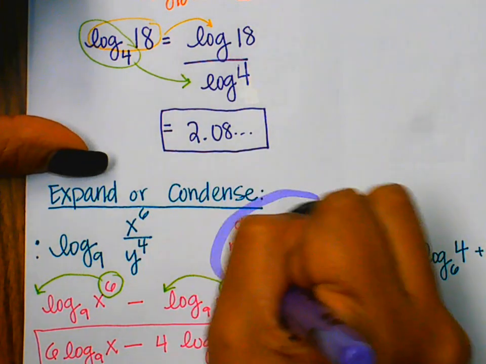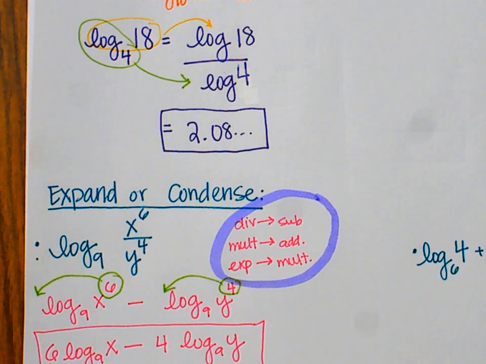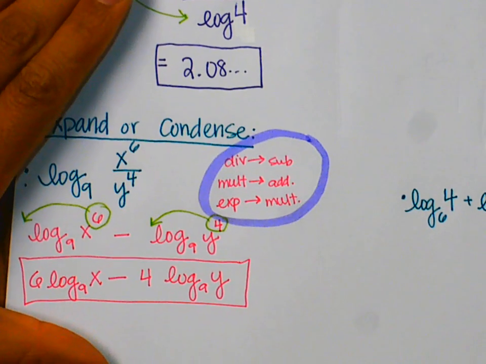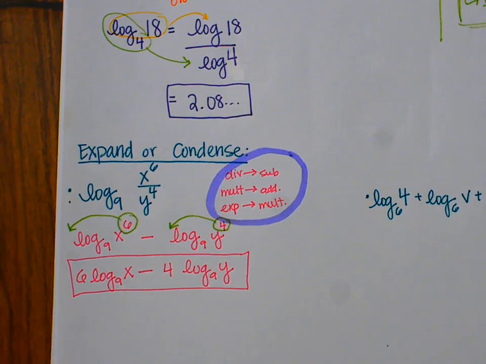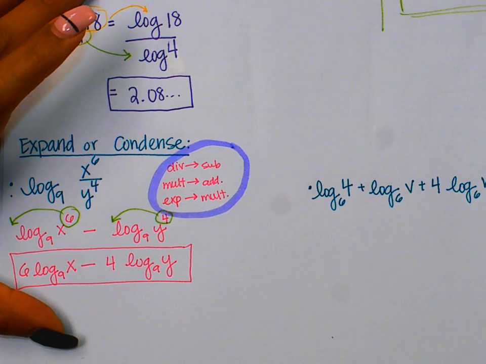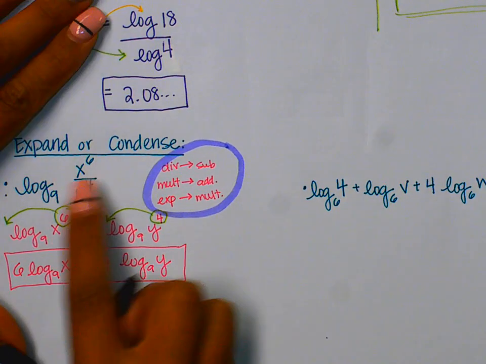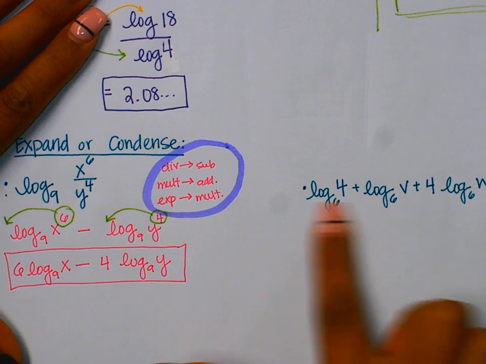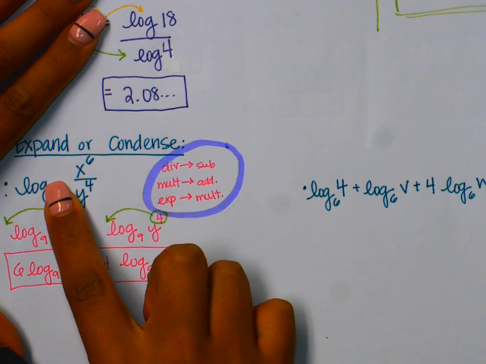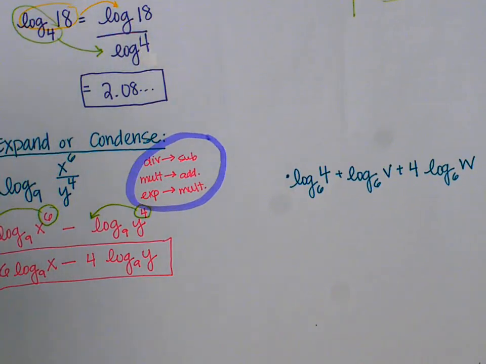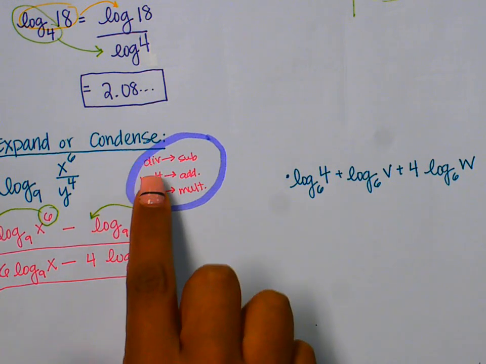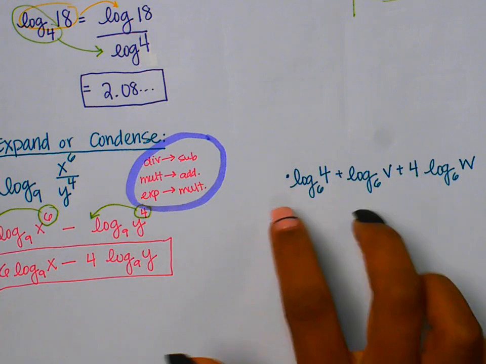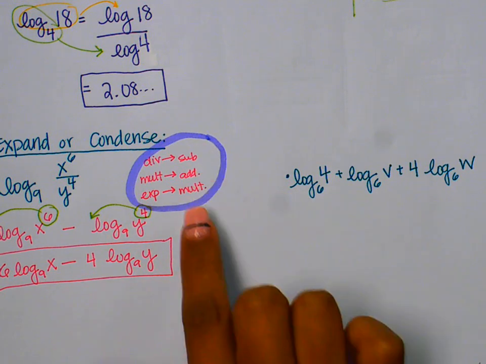I'm highlighting that so you know where to focus. So I went from something small to something big. Now I'm going to do this bigger one into something that looks a little bit like that. If you notice here, instead of being combined by division, multiplication, or exponents, you're now combining this whole thing by addition, subtraction, and multiplication.